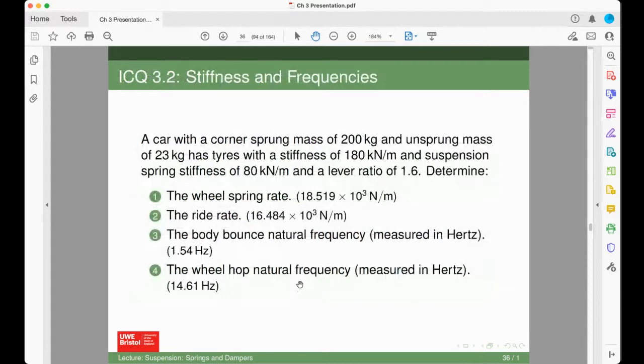Okay, so there's another exercise here. Notice that these values that are shown in your notes are also incorrect. So if I go back to, I just opened the different slides, I think.